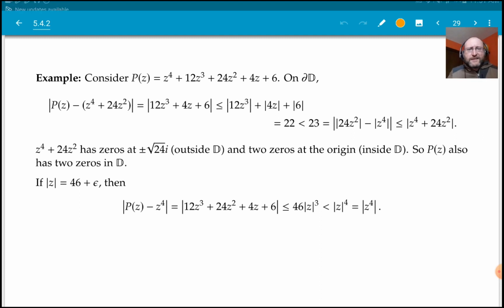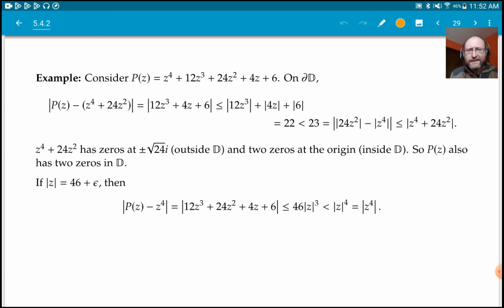Let's suppose that I want to know some big circle where they're all inside that circle, just so that I don't have to look too far out, right? Well, in this case, they're actually all going to be within modulus 46. At least that's what I'm showing here.